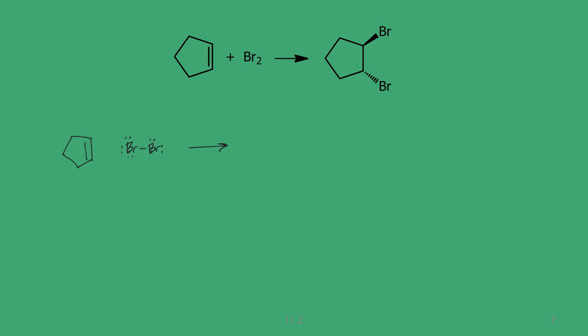Let's work through this mechanism step by step. The first step in the process is the formation of the bromonium ion intermediate, where we get nucleophilic attack and then kind of back bonding from one bromine with a loss of bromide ion.